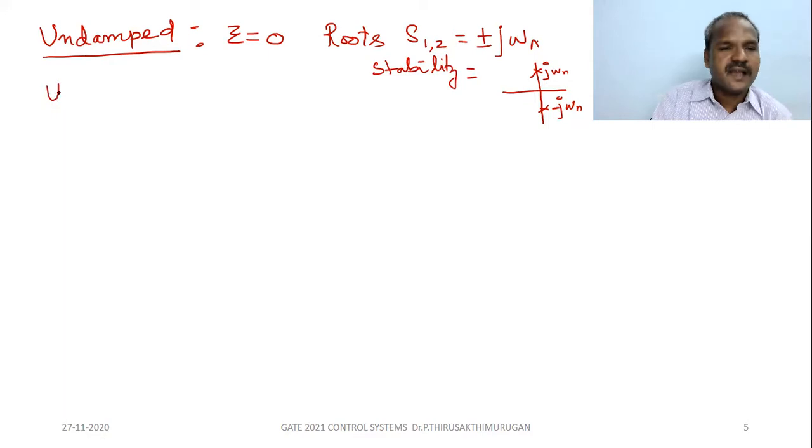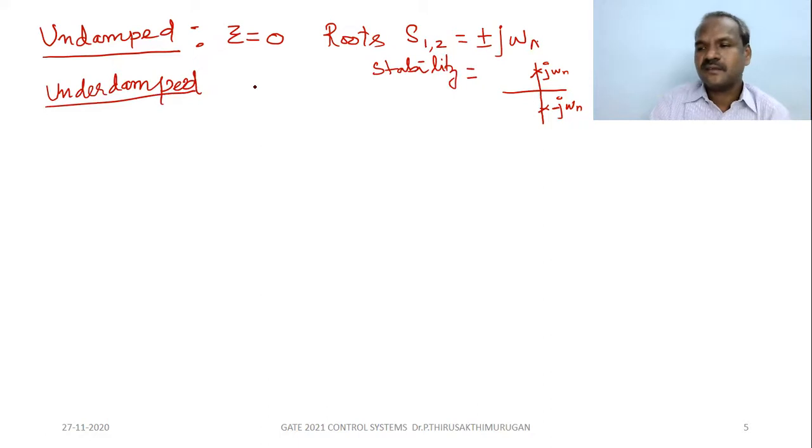Next one is underdamped. So what is underdamped? Between 0 and 1, zeta less than 1 is called underdamped. So what are the roots of the characteristic equation?